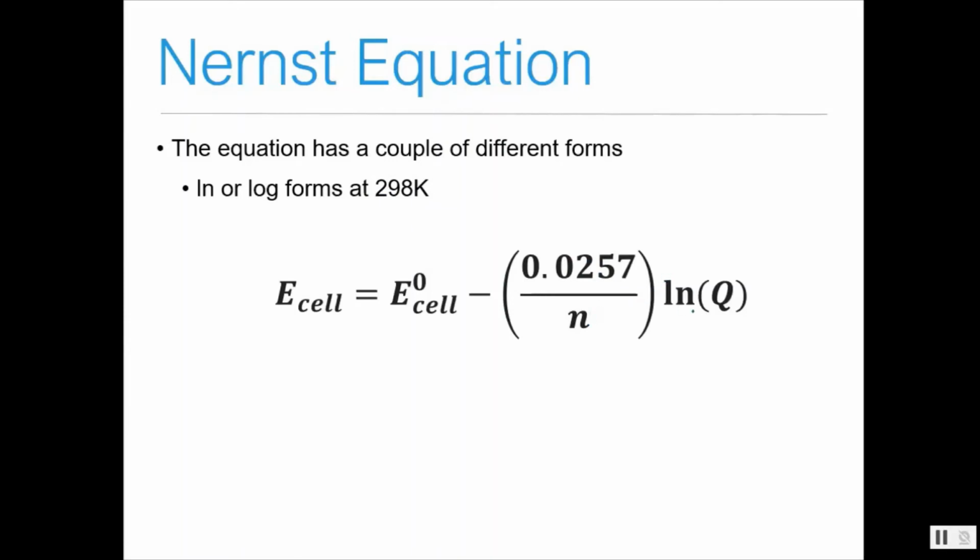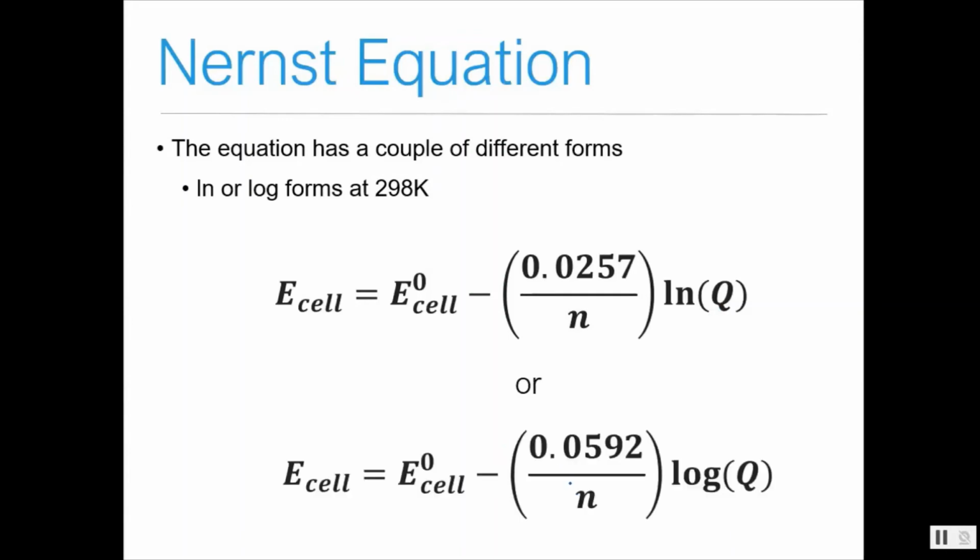And then if we're in the natural log scale, we would have that number, and we would take the natural log of Q. If we want to use the log base 10 scale, then we would multiply that 0.0257 by 2.3-ish, and that would give us 0.0592, and then we could take the log of Q. You can use these interchangeably. It won't matter which version you use, you will still calculate the same potential for the cell.